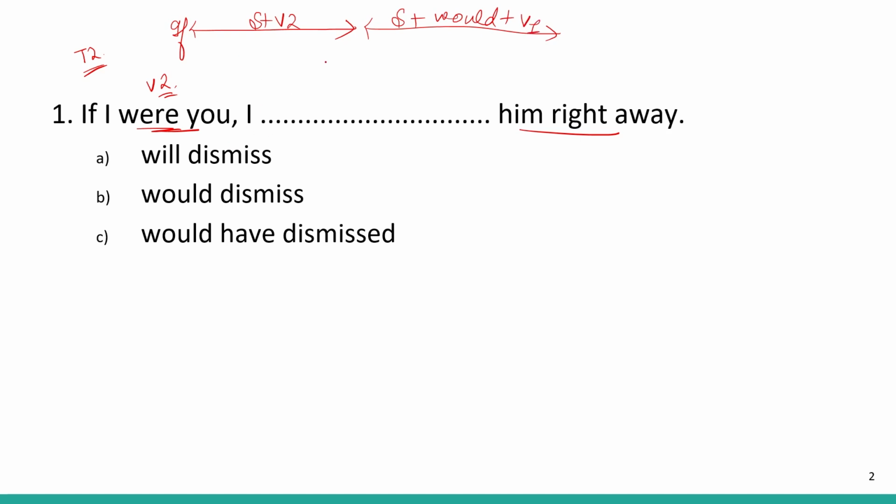So in this blank, we will not fill will, as that is first type condition. No, would dismiss. So B is the correct answer. Here it is would have dismissed, which is required in type 3 condition. So our answer will be B.